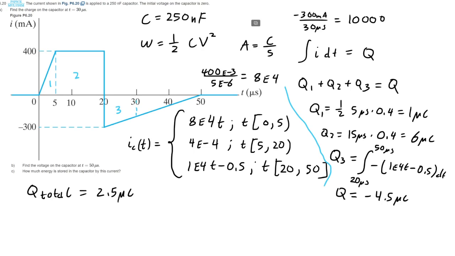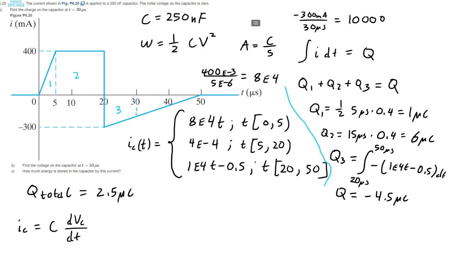Okay, so now we can find the voltage on the capacitor, and we can do that by integrating. If we remember, i_C(t) is C dV_C/dt.